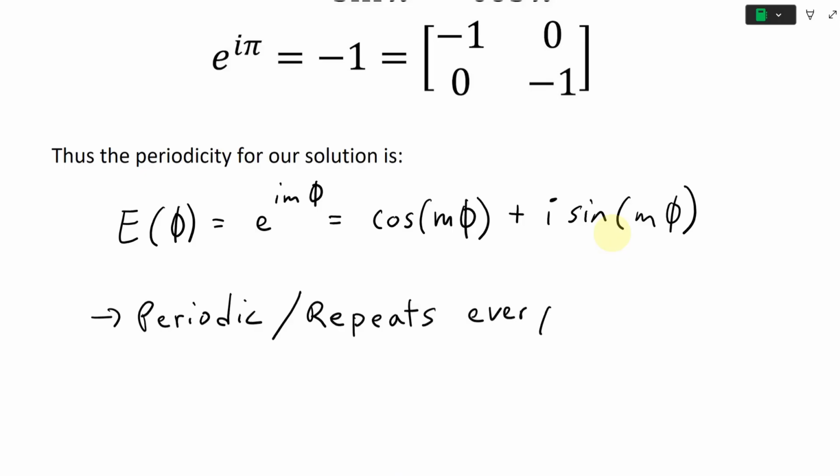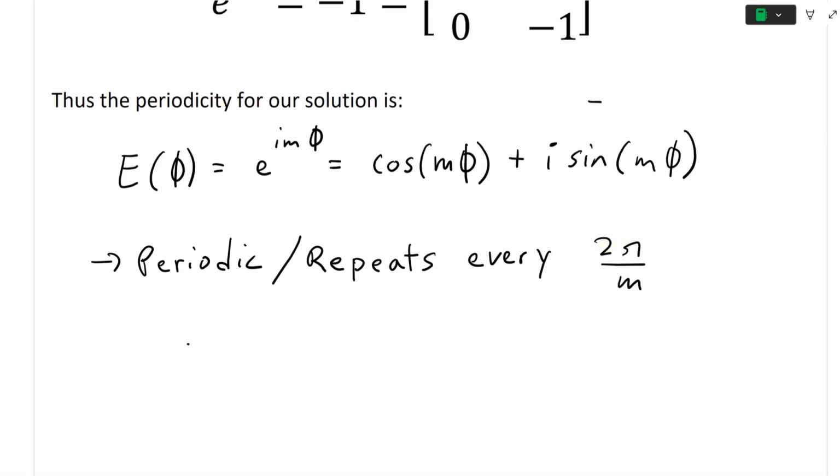So it repeats every, and in this case, this whole thing needs to be 2 pi. To get this to equal 2 pi, we need phi equal to 2 pi over m, so that when you multiply by m, the m cancels. So that's what phi is. Basically, it repeats every 2 pi over m.